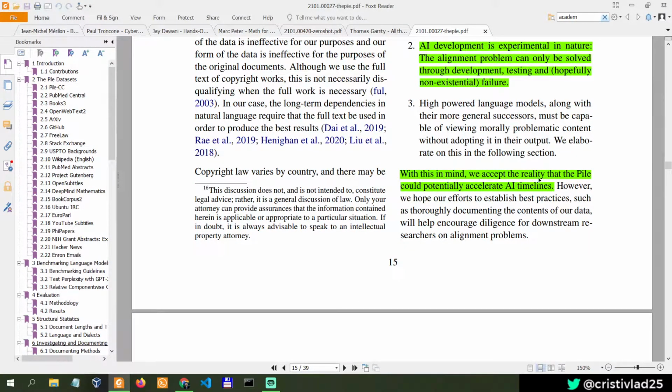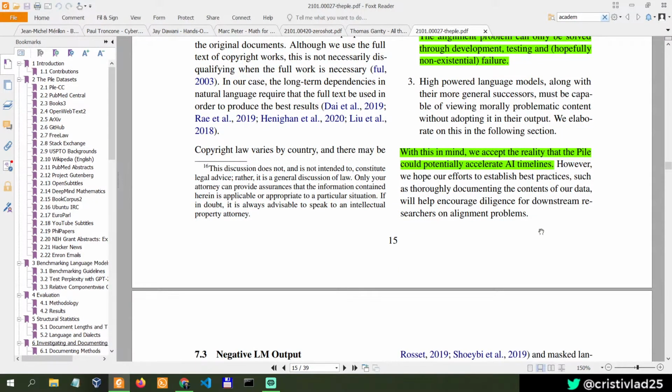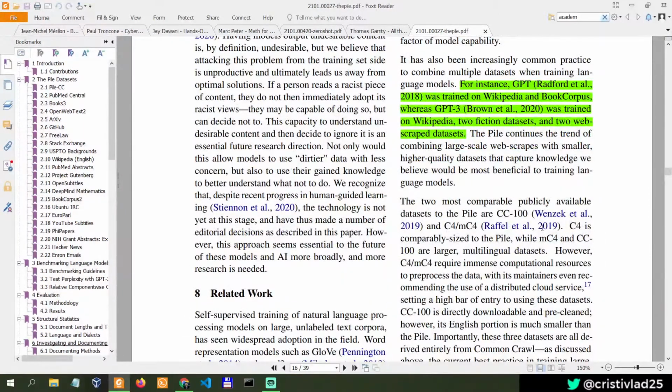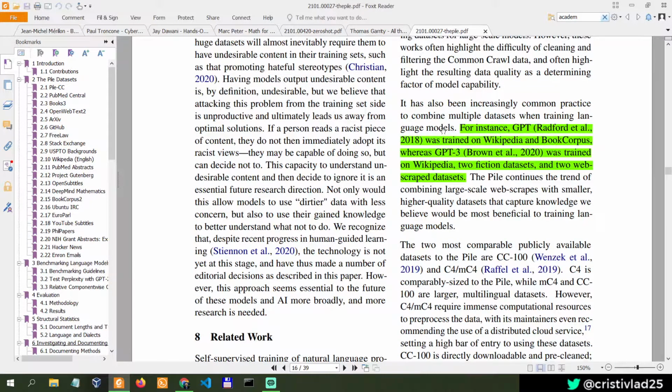With this in mind, we accept the reality that the Pile could potentially accelerate AI timelines. Okay, let that sink in. Now, for instance, GPT was trained on Wikipedia and BookCorpus, whereas GPT-3 was trained on Wikipedia, 2 fiction datasets, and 2 web scrape datasets.